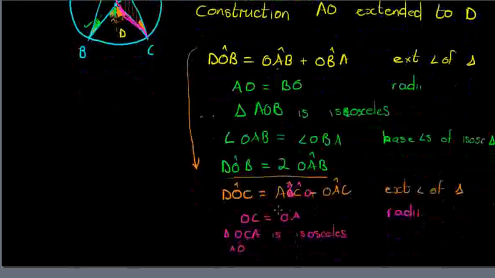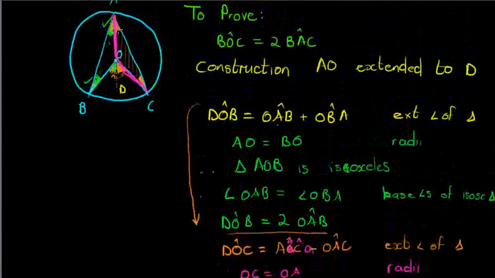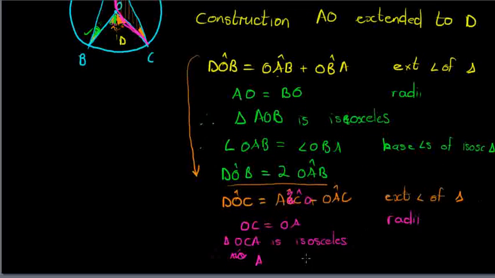Okay, so in the end I've shown now that these two angles here must be equal. In other words, angle OAC is equal to angle OCA, and that's because they are base angles of an isosceles triangle.